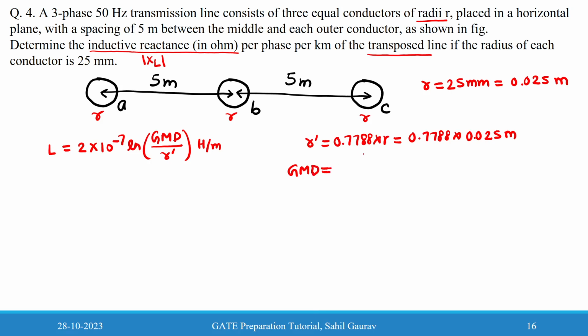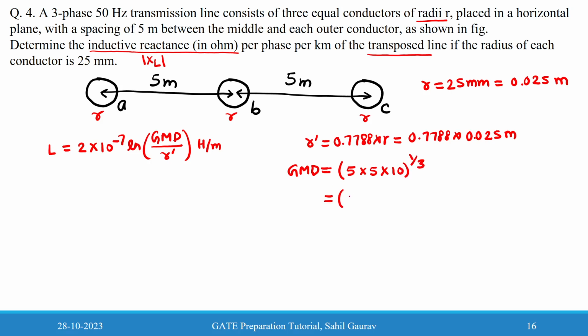The distances are 5, 5, and 10. Yes, and the cube root. So how does this GMD come?